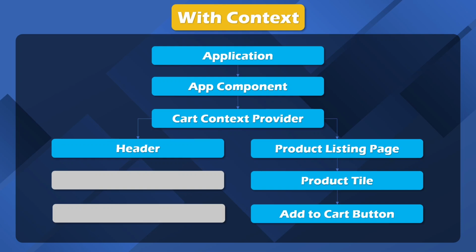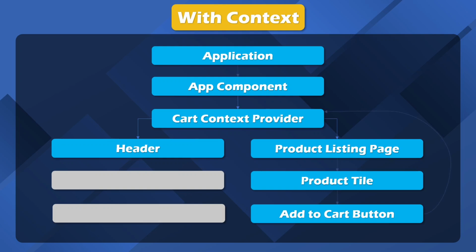But right now, as we can see, under the app component we will have the CartContext provider wrapping our entire application. And now whichever component needs access to anything from this cart context, for example, I need access to the dispatch method whenever I'm clicking on the add to cart button so that I can dispatch the add to cart action and update my state accordingly.